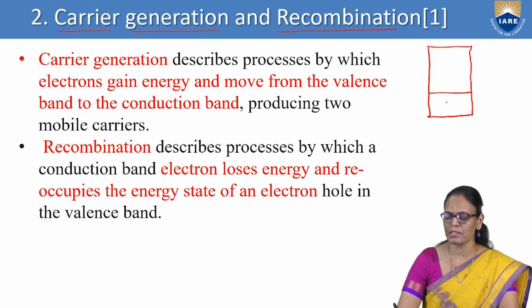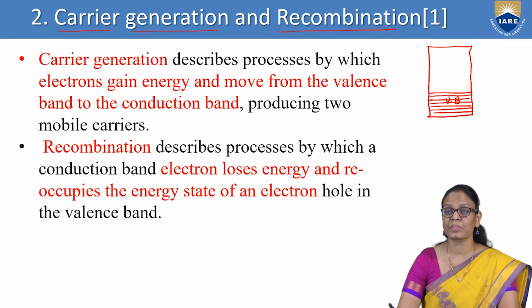Here, this is the valence band. Valence band represents the energy levels of all the valence electrons put together. Whatever energies they possess, when they are kept close, we get a band. The topmost level we call EV, and you will have all the valence electrons in these levels.